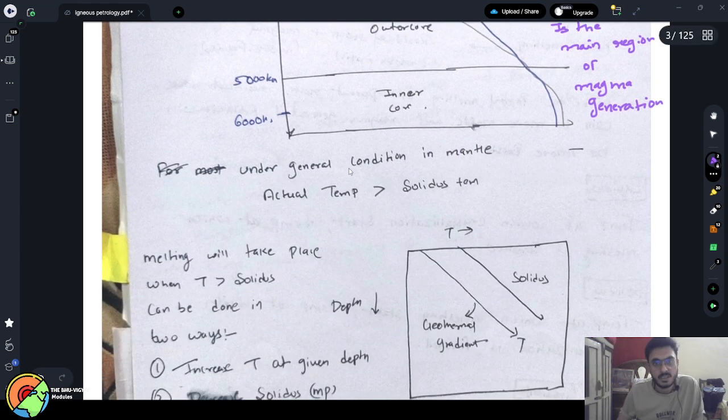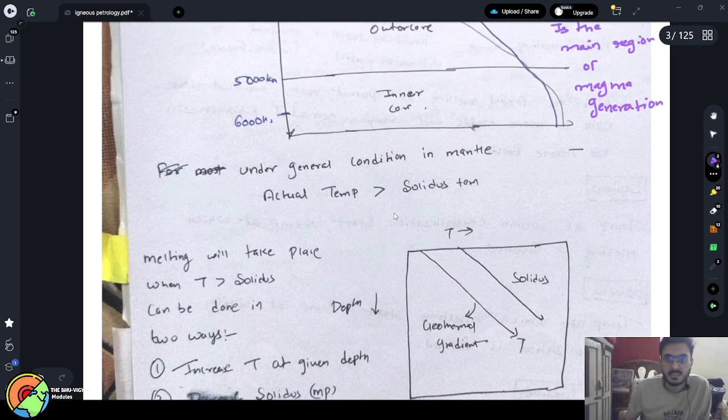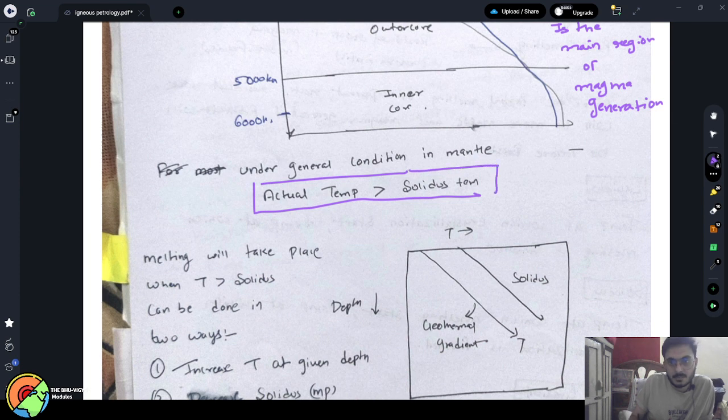Now under general condition, the actual temperature is less than the solidus temperature, so therefore there will be no melting, because for melting your geothermal gradient should exceed the solidus temperature. This is for temperature.